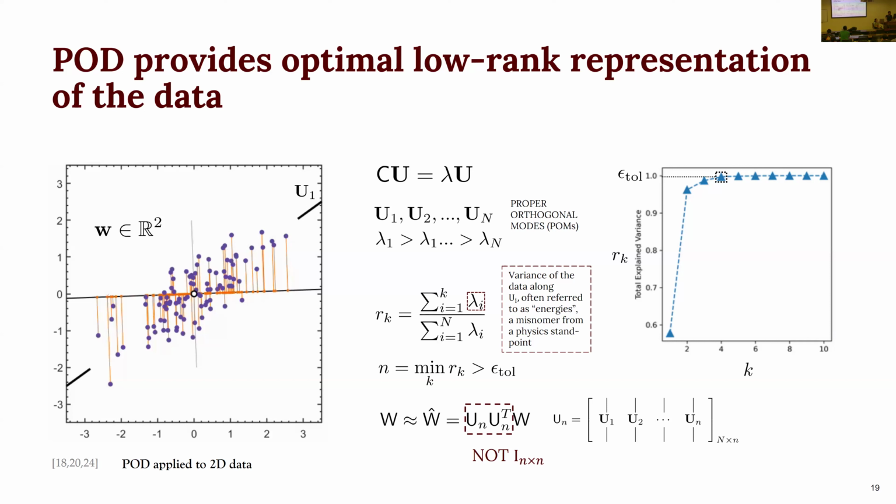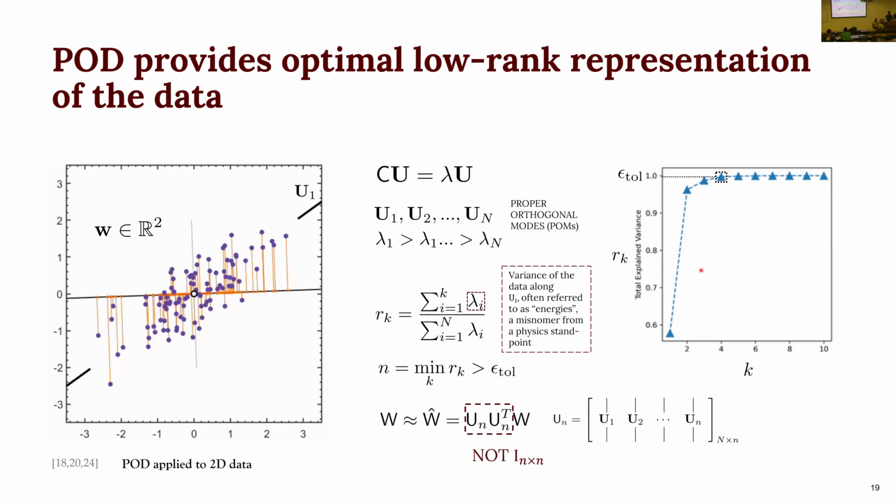On the numerator we have a cumulative sum, on the denominator we have the total sum. The quantity at the bottom represents the total variance of the data, and on the top we have the cumulative sum, and we plot this. As you can see, as we increase the number of modes, it ultimately goes very close to 1.